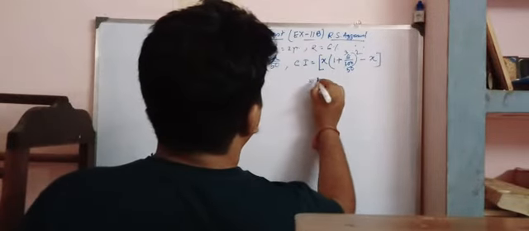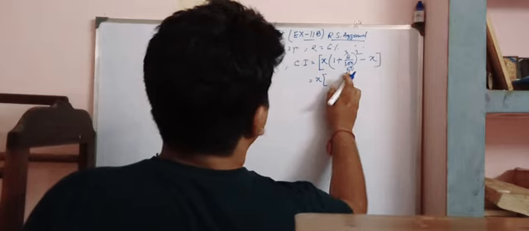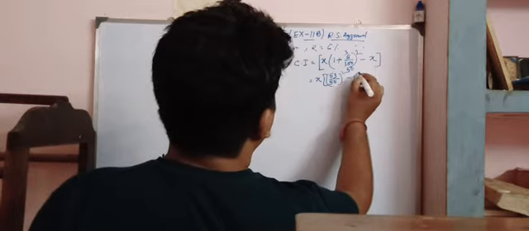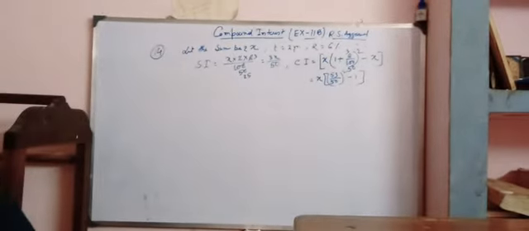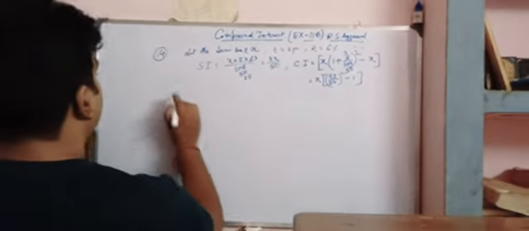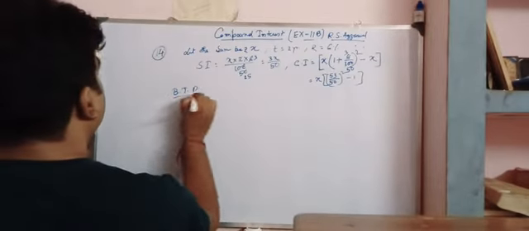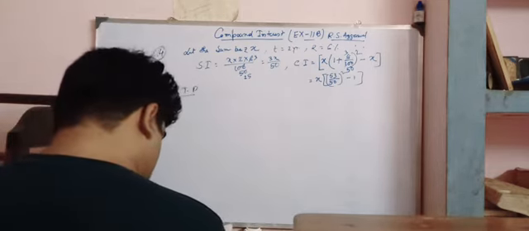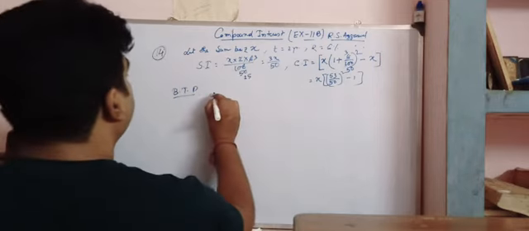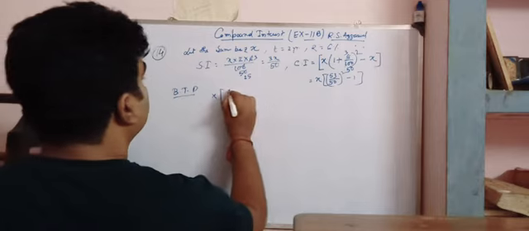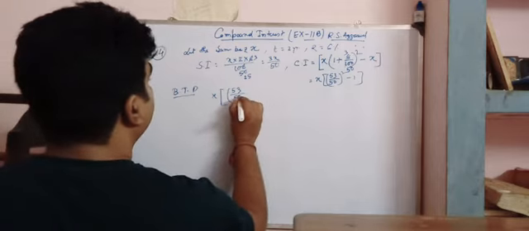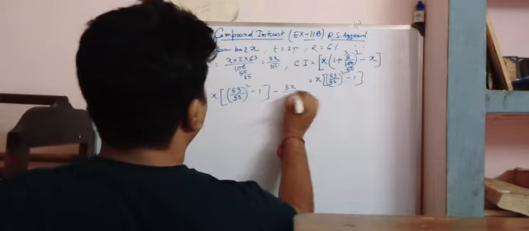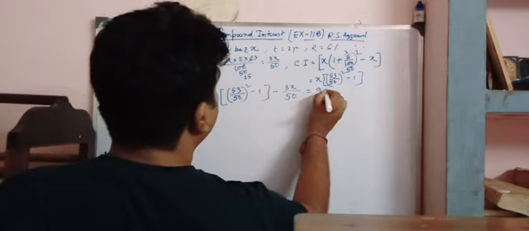So now here take X common: X into 53 by 50 square minus 1. So this is my compound interest. Now by the problem, CI minus SI is equal to 90. So X into 53 by 50 whole square minus 1, this minus 3x by 50, is equal to 90.